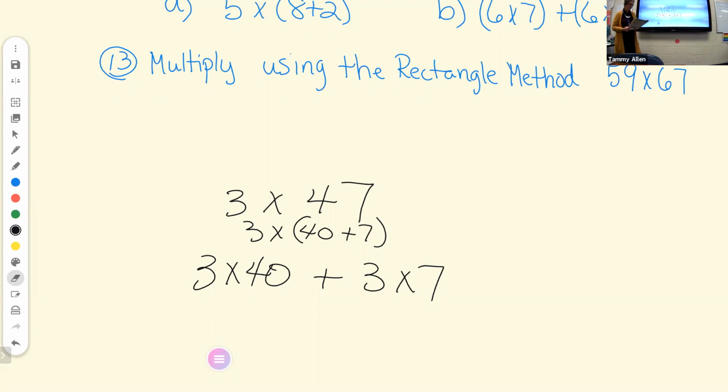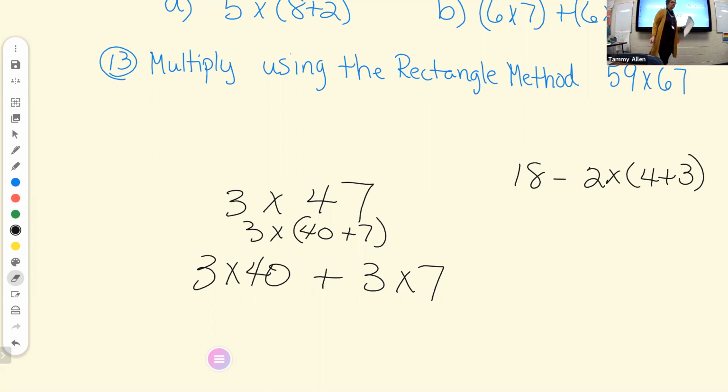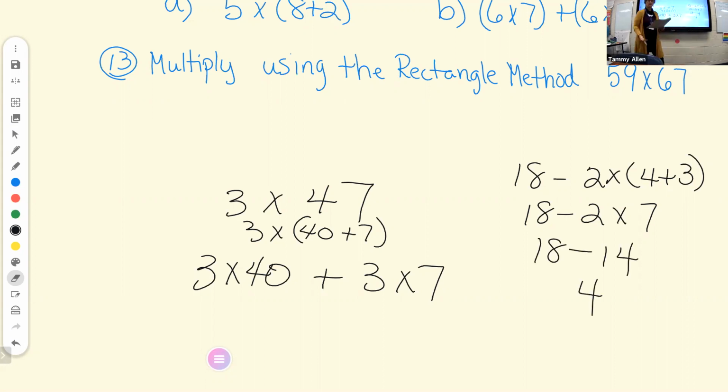And number 4, you were to evaluate that expression. What would you have done first? Yep. So the next step should have looked like this. What would you have done next? Abby? Leaving us with 4. And those are the steps you should have shown.